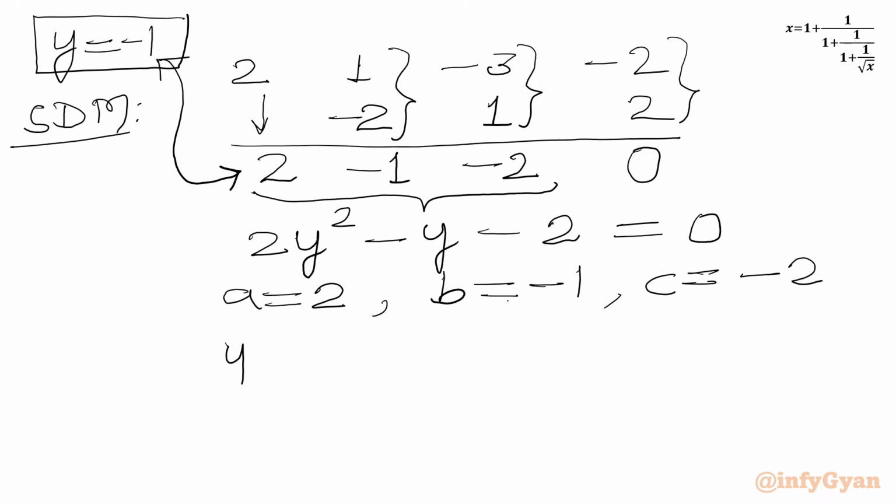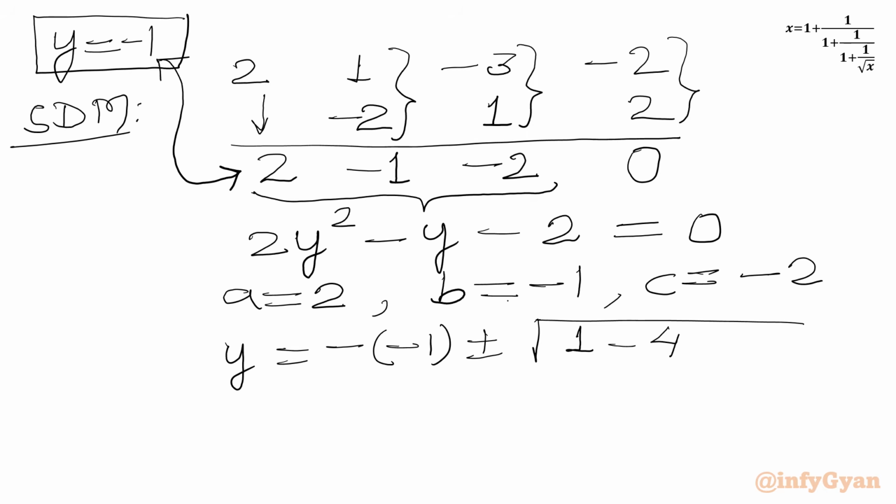So y equals minus b, minus of minus 1, plus minus square root of b square, which is 1, minus 4 times a times c, which is minus 2, over 2 times a, so 2 times 2 is 4.